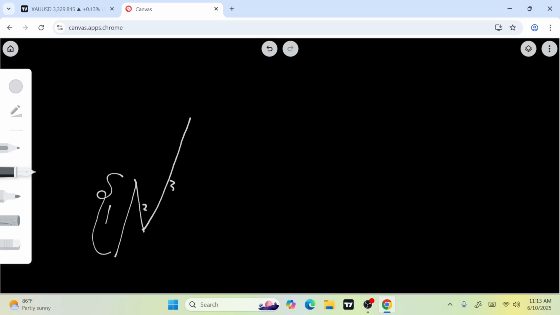This place. Now, if wave 4 is to come all the way down, it is expected not to come into the area of what? Of wave 1. Anything that makes it come into this area of wave 1, it is most likely that it breaks below this and it will change structure.